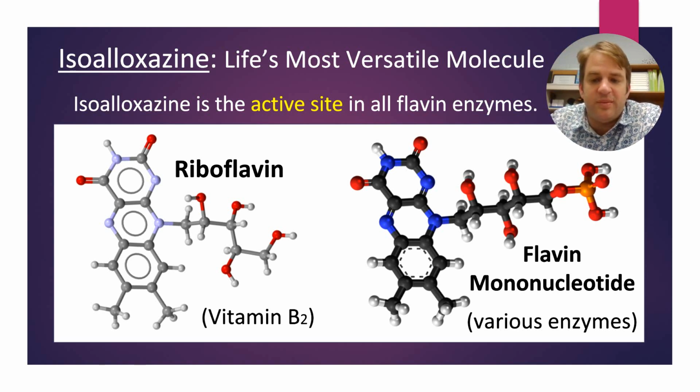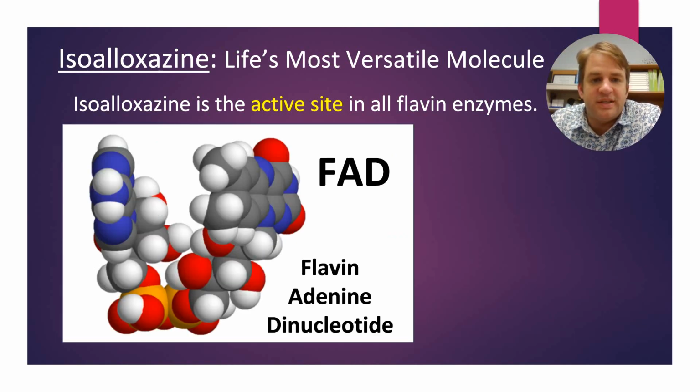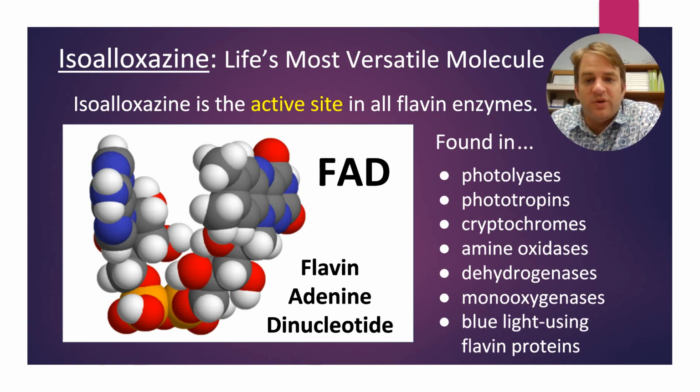You see them in flavin mononucleotide, which is found in various enzymes, and famously in quantum biology, FAD, flavin adenine dinucleotide, which is an important cofactor, the active site in numerous enzymes: photolyases that repair DNA, phototropins that tell plants when to do photosynthesis, cryptochromes, which are important for regulating circadian rhythms and may be important for sensing the Earth's magnetic fields, amine oxidases, dehydrogenases, monooxygenases, and various light sensing proteins all need flavin molecules.